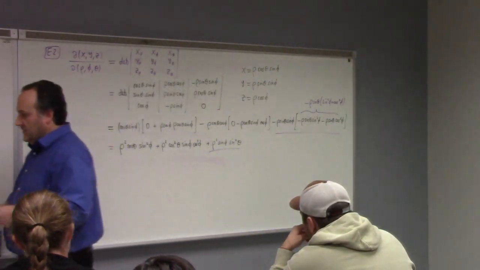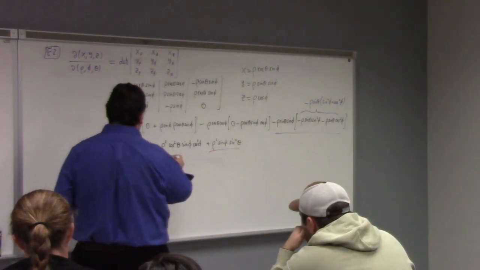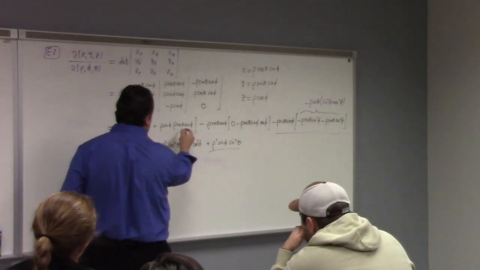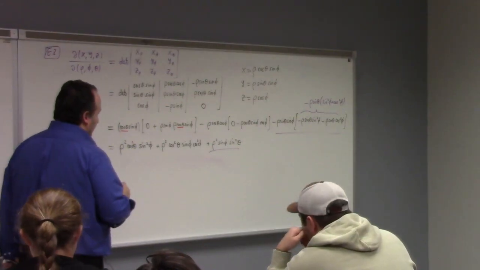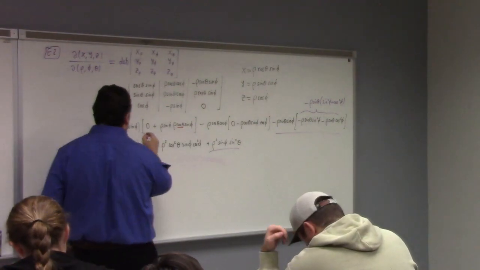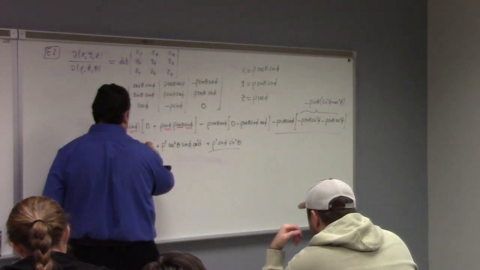There's an error right there. Do you see it? I got cosine times cosine here, right? So that's a cosine squared there. And I've also got how many sines? 1, 2, 3. That's a sine cubed here.